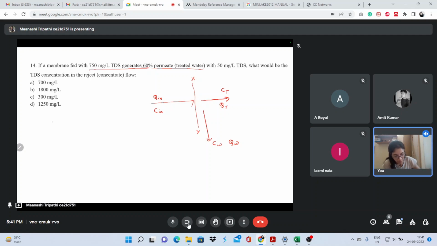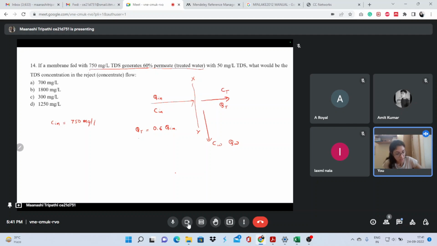So here we have Cin equal to 750 milligrams per liter, generating 60% permeate. Permeate is treated water, meaning QT is 60% of Qin.